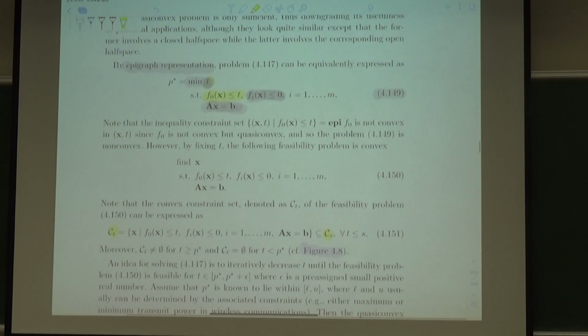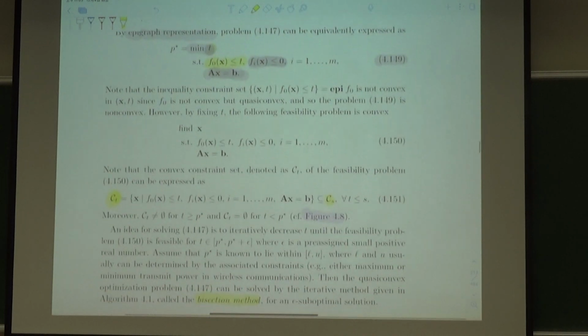So with this observation, C_t is here. f0(x) less than t, and this is the feasible set for a given t.